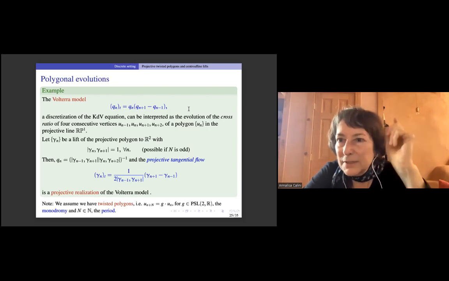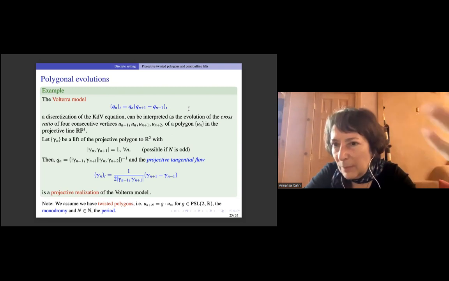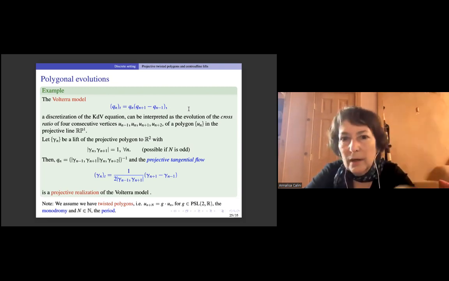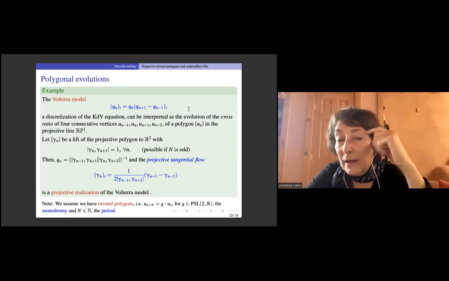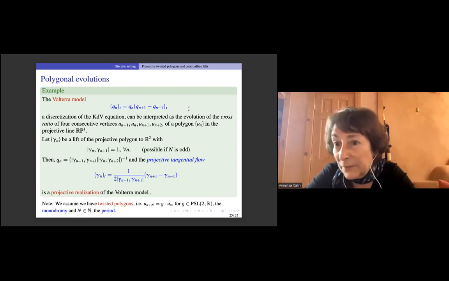But the interesting fact here is that once you're given a projective polygon, you can always lift it to the space, one more dimension, R2, with the satisfaction of one condition. And this condition, think of it as the equivalent of arc length preservation.